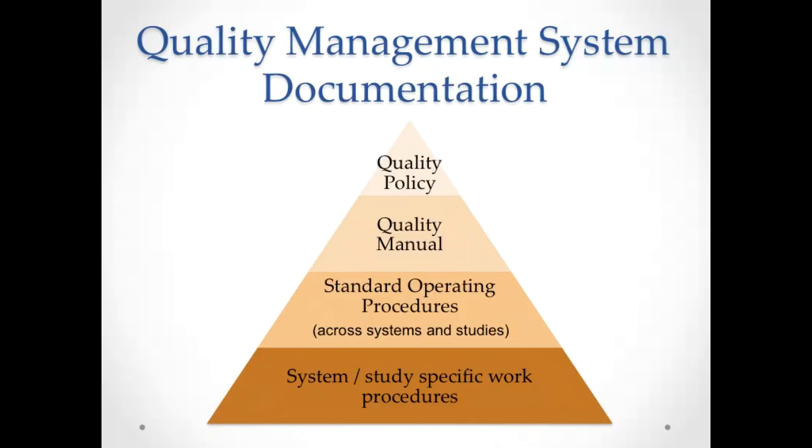Those things are generally called job aids. In other words, things that somebody doing the job would refer to, like a checklist or a form. And then some procedures might be even more specific. For example, if we have a database setup standard operating procedure, maybe we use two different systems here, and so we might have a work instruction for each of those systems that would provide system-specific detail.